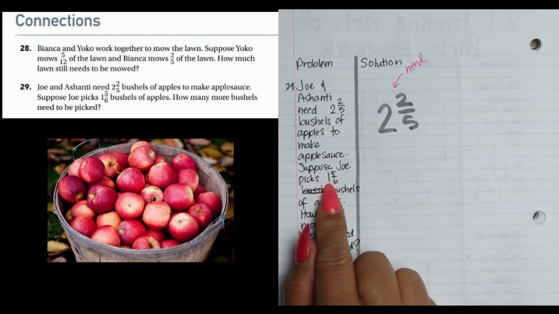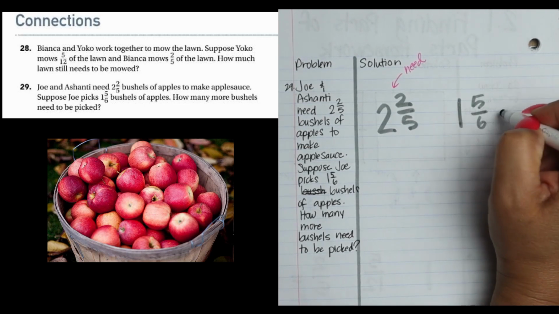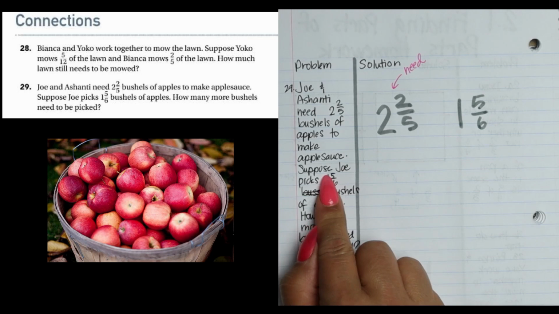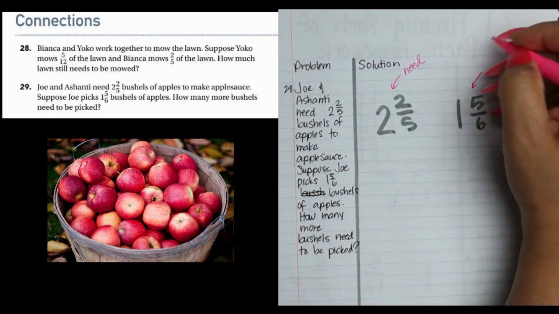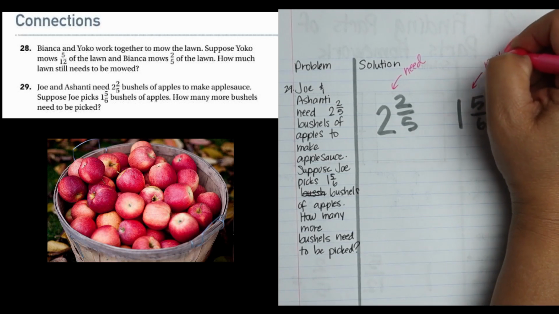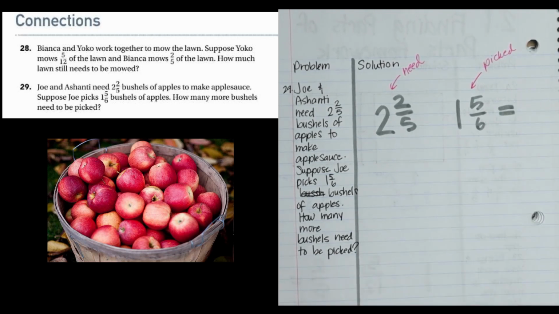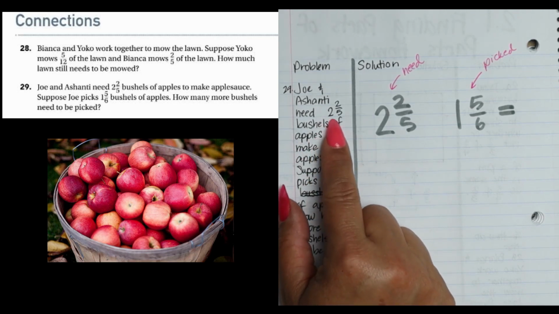But Joe picks 1 5/6. So did Joe pick enough or did Joe pick too much? This is picked. How many more bushels do they need to make 2 and 2/5?